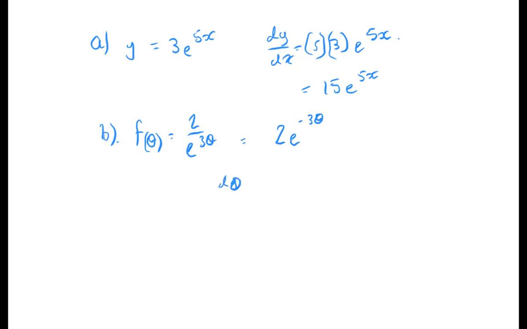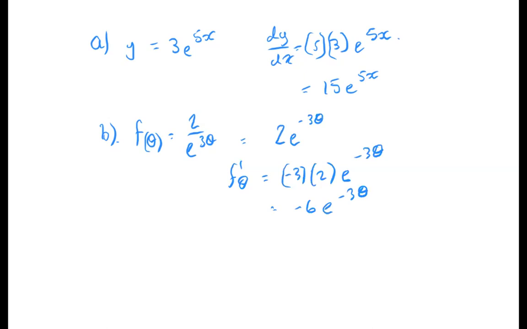Then we can say the first differential of that function is equal to the minus 3 comes outside, multiplied by the 2, e to the minus 3 theta, which equals 2 times minus 3 is minus 6, e to the minus 3 theta.